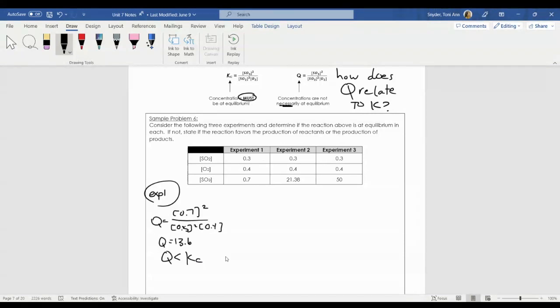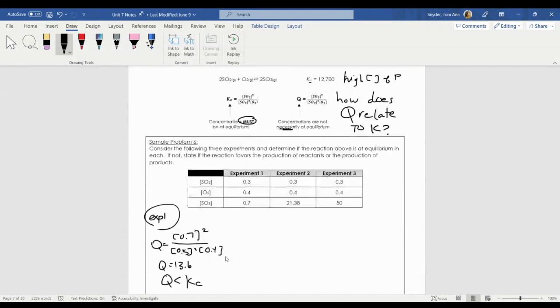Because of that, we know that this reaction must not be at equilibrium. I have not yet reached that equilibrium constant. As a result, I have far too many reactants still here, because my concentration of products is not high enough. I need to produce more products in order to get the value of Q higher, to reach 2700.